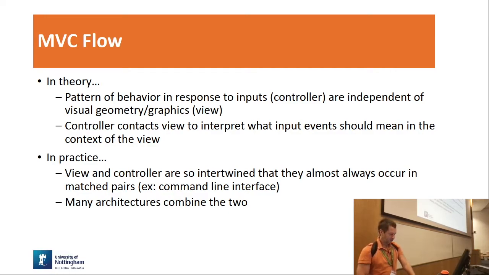And somebody was having a discussion about this. In a lot of applications, there's overlap between the controller and the view. So, for example, in the Visual Paradigm application, there is quite a lot of overlap because you're drawing right on the canvas.